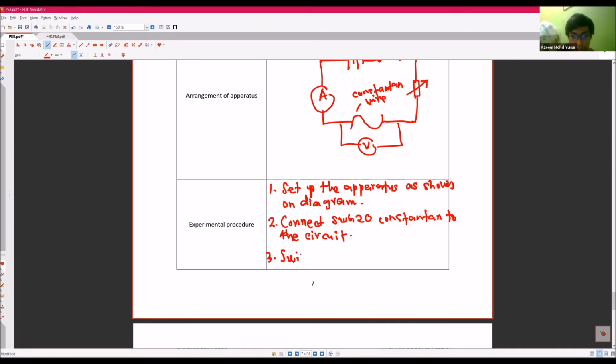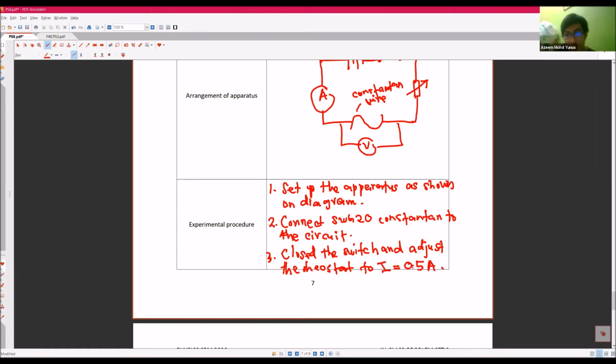So switch on or close the switch. Close the switch and adjust the rheostat to I equal to 0.5 ampere.